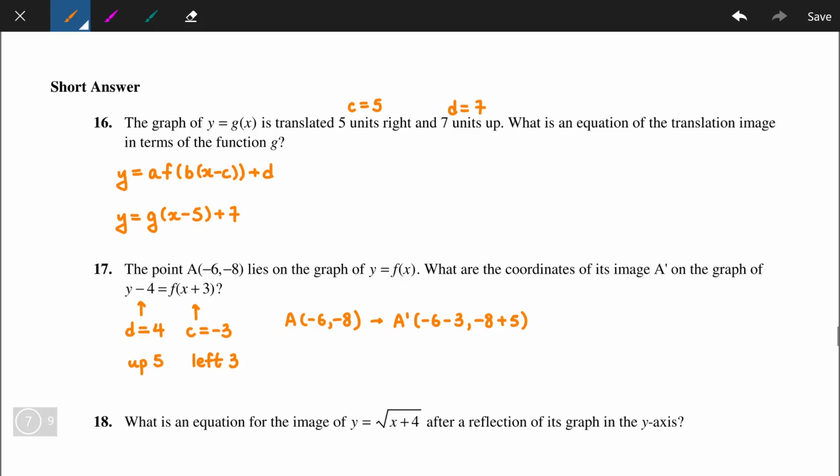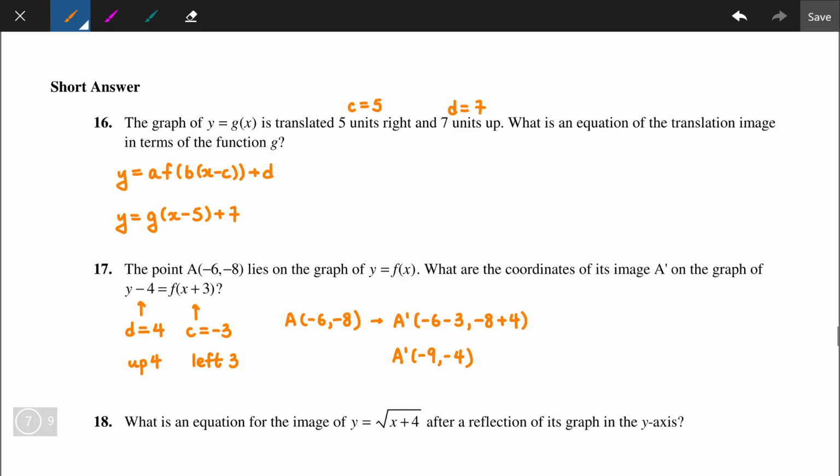So when we combine, oh, sorry, not 5. Why did I think it's 5? It's 4. Sorry about that, folks. So this is a 4. This is also a 4. All right, so A prime then is going to be -9 and then -4.